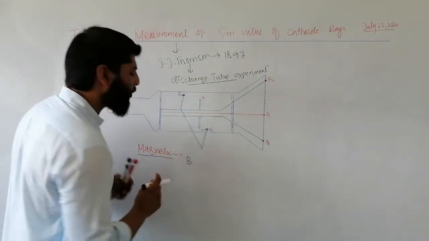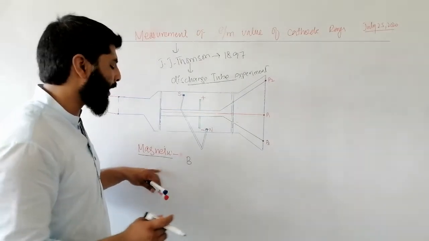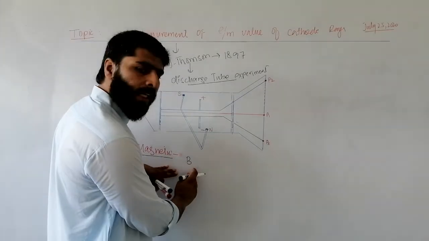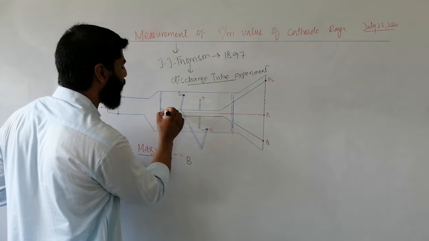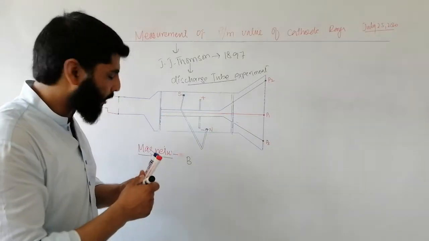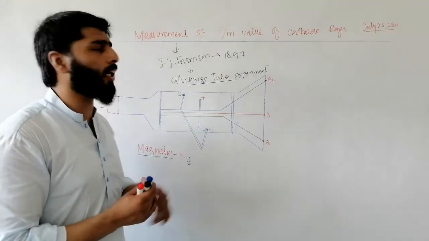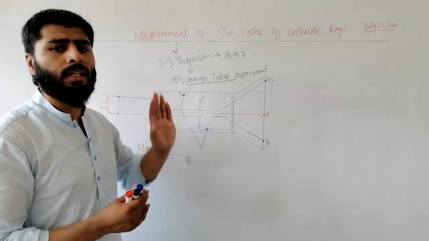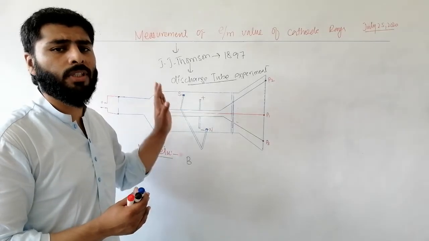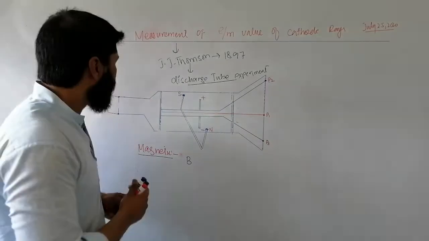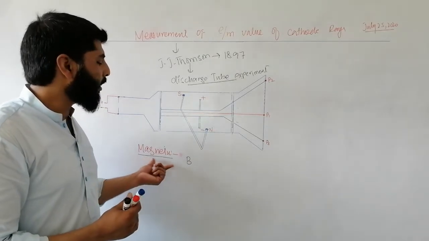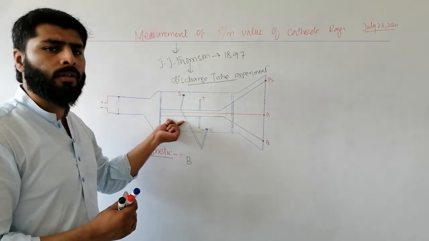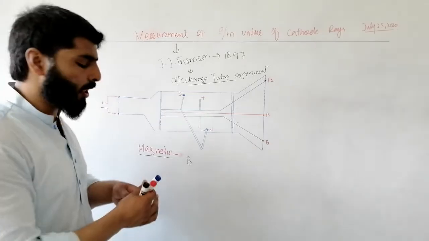He found the strength of the magnetic field on a moving cathode ray or on a moving electron. We have read in the previous lecture that cathode rays were simply electrons. That's why we can say that he applied the magnetic field on an electron which moved with velocity v.